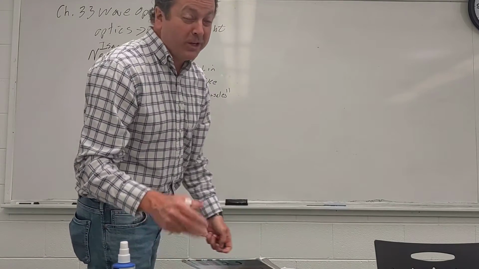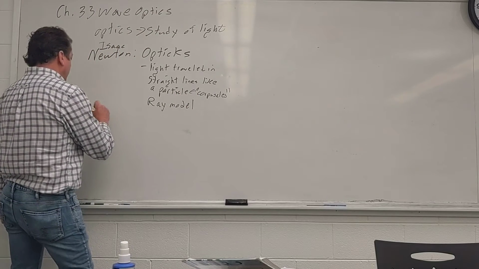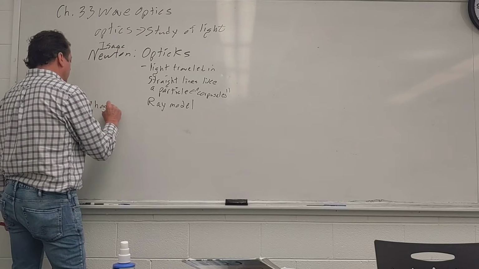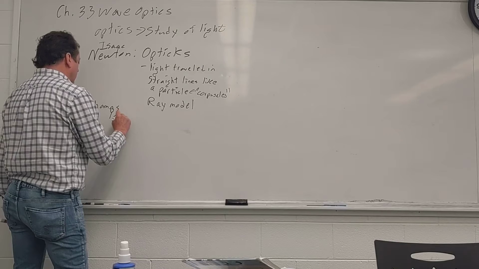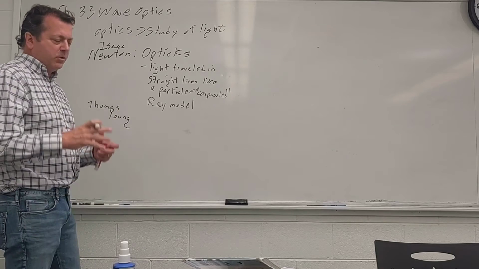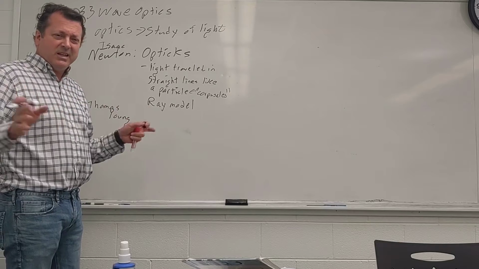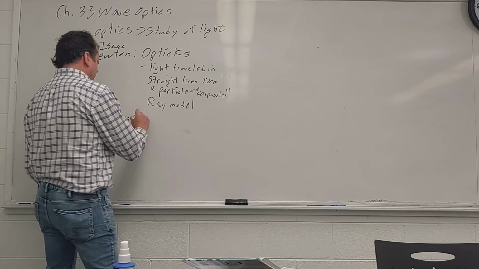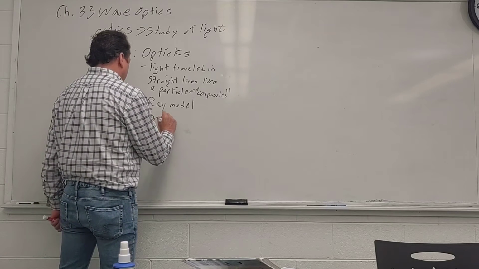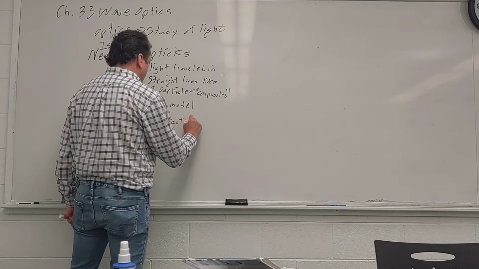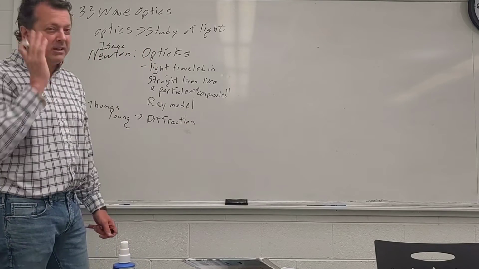Then there was Thomas Young. What he noticed was when light goes through an opening, it will spread apart. Basically, diffraction, which is what we're going to get into more. Now I'll do a few little demos. I've got a red laser and a green laser.